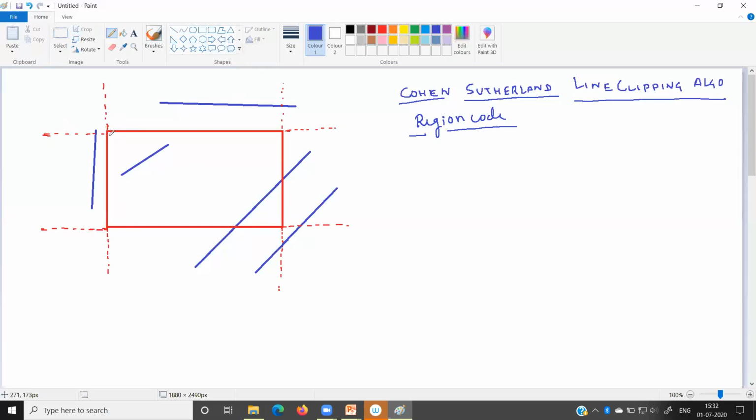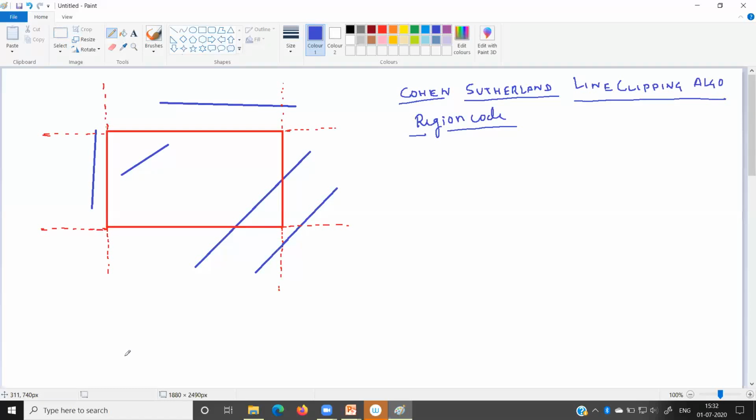Those dotted lines are the extended lines of the boundary of the clip window, and based on them the plane is divided into sub-regions. You can observe there are in total 9 regions. For each region, we will generate a region code.